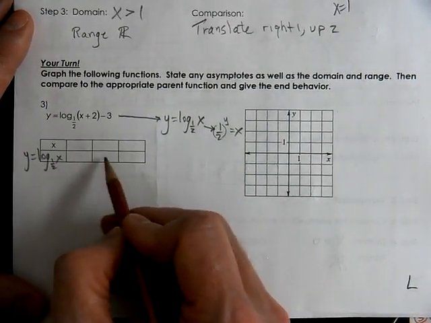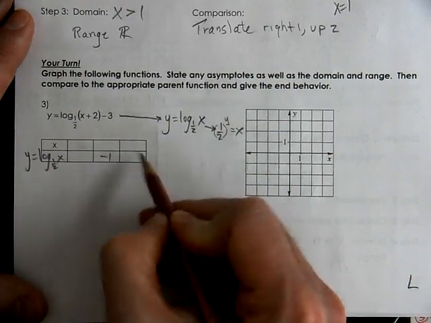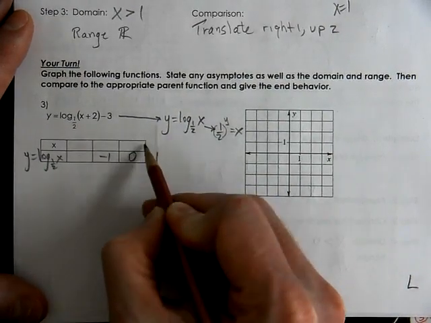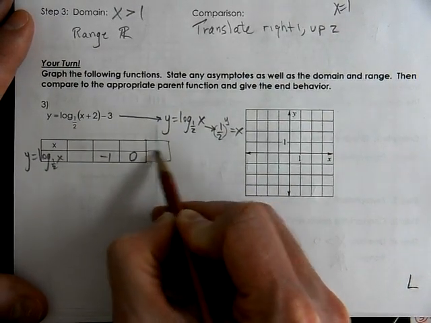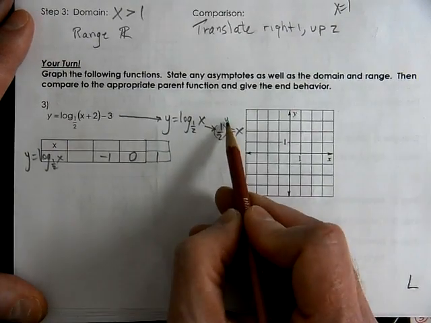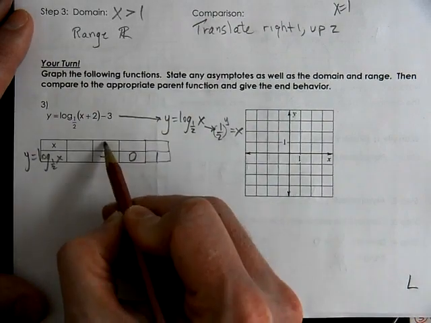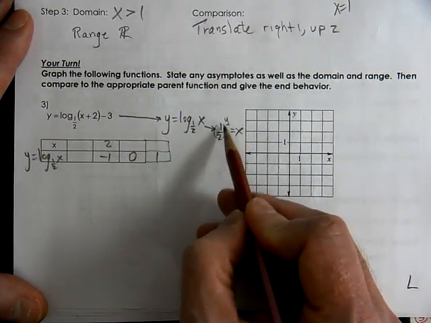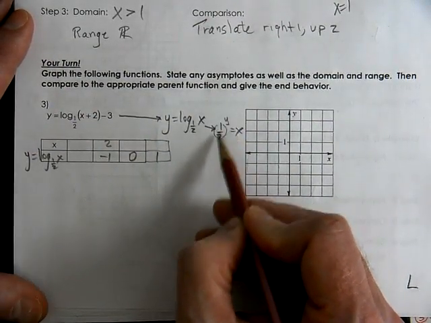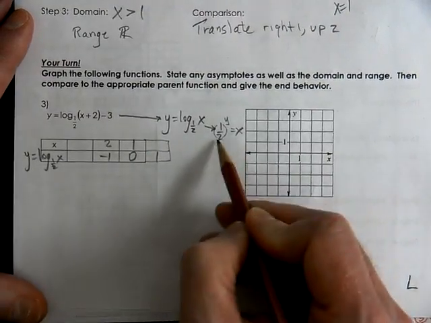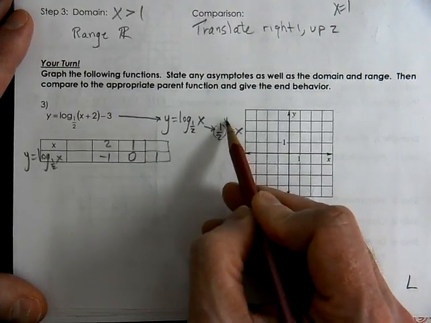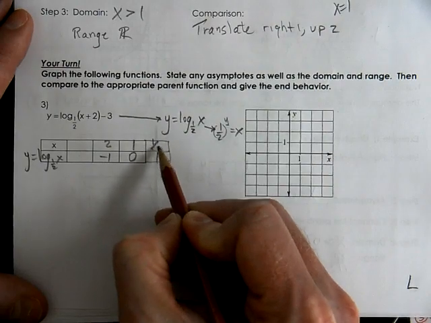Now I'm going to leave a box just to come back to -1, 0, and 1. So when y is -1, that flips our fraction over and we actually get 2. When y is 0, any number to the 0 power is always 1. Any base to the first power is always that base.